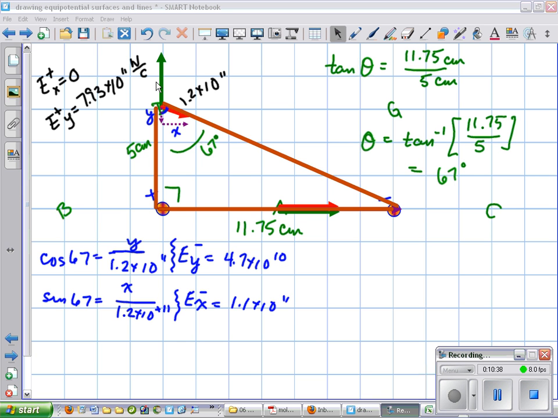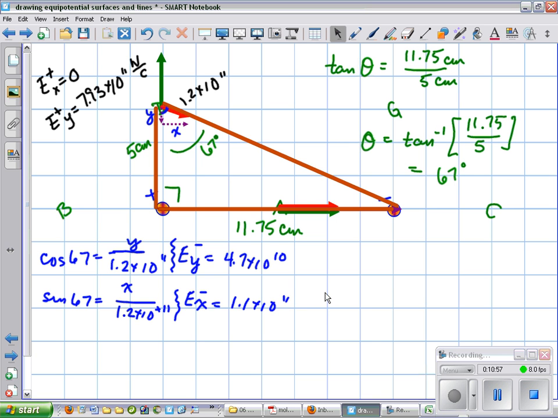Now what I have to do to finish adding my vectors together is I add the x and y components from the green vector to the x and y components of the red vector. So the x component of the green vector was 0, the x component of the electric field from the negative charge, which is the red vector, is this.